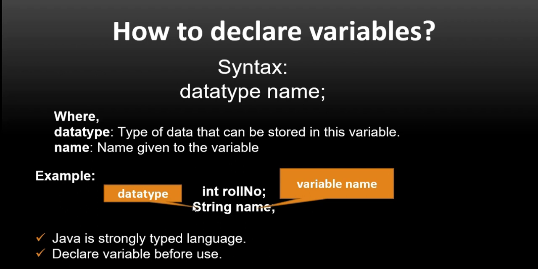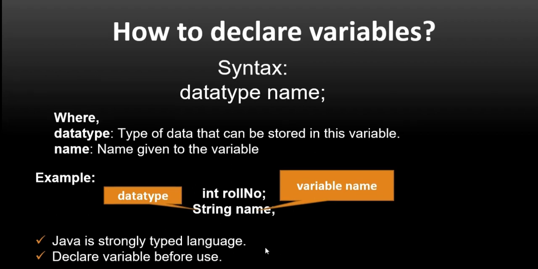So String and int are data types, and roll number and name are variable names. Java is a strongly typed language. That means if you want to use any data, you have to declare a variable for that particular data. So before using any variable, declaration is compulsory in Java.